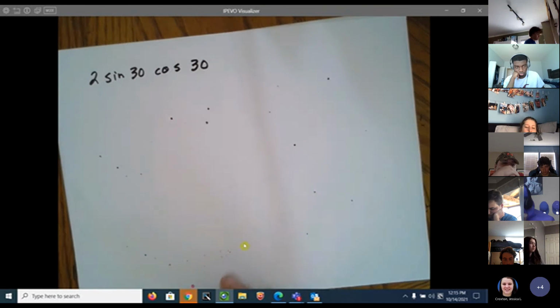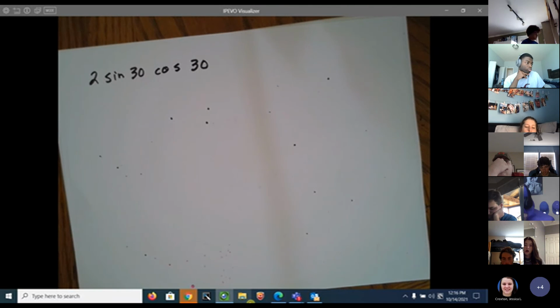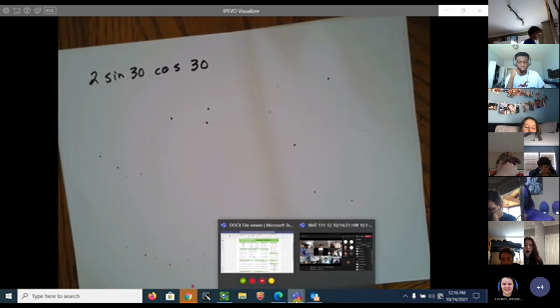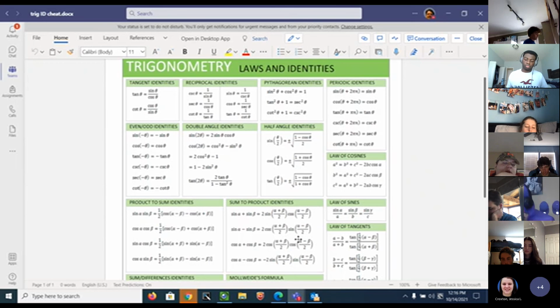Well, that's a double angle right there. So let's go to our handy dandy green cheat sheet. And we're looking for sine, cosine. There it is right there. 2 sine, cosine. So you can rewrite 2 sine 30 cosine 30 into what? Sine of 2 theta.